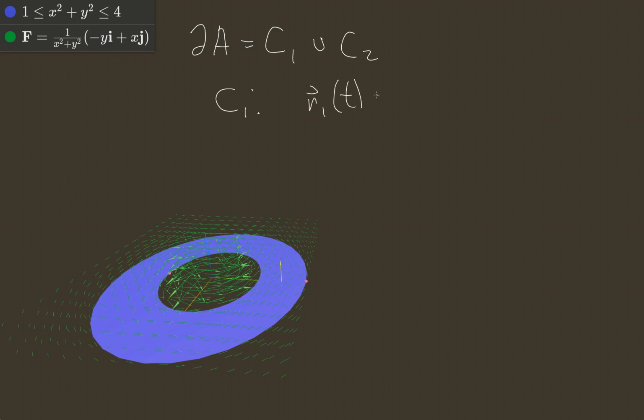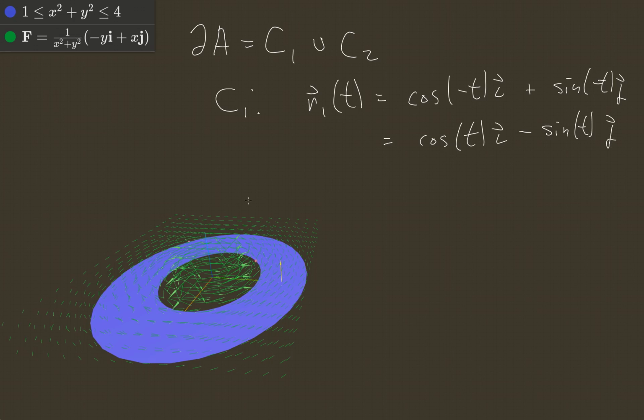We'll parameterize C1 by r1 of t is cos(negative t) i plus sin(negative t) j, negative because we want to go clockwise, which is the same as cos t i minus sin t j.